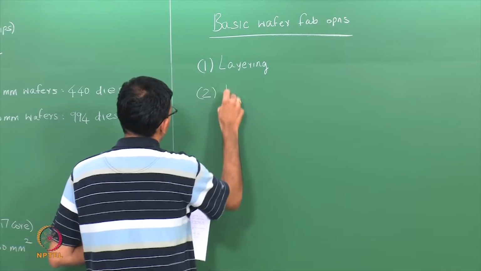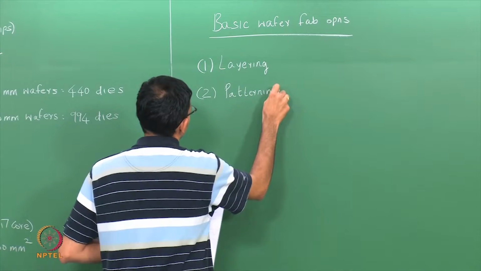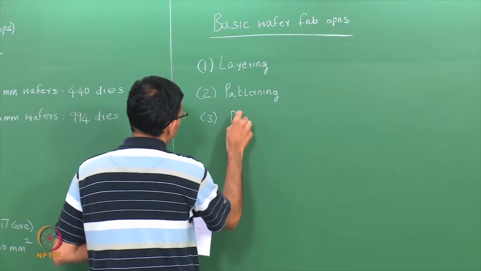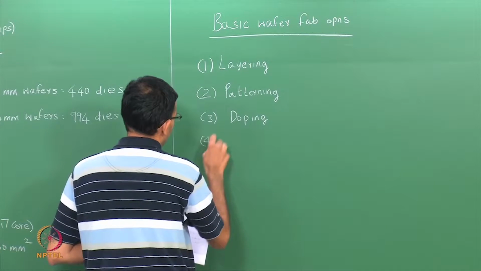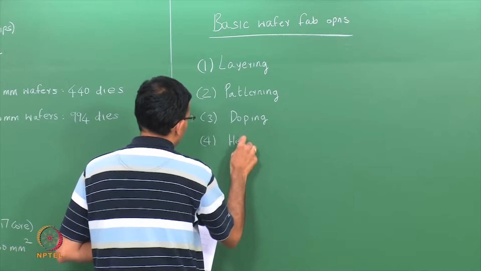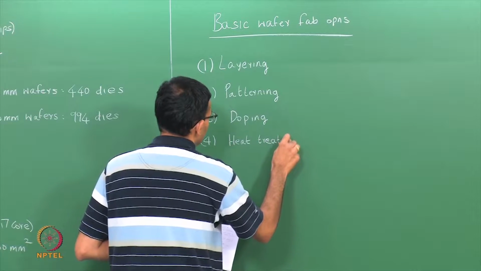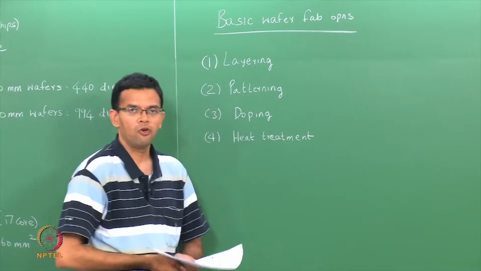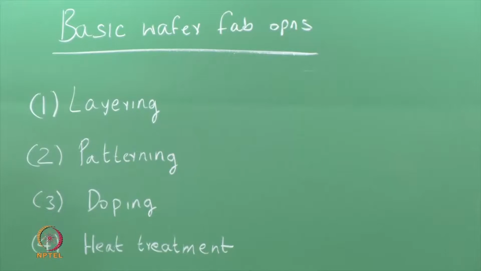Then we have patterning, doping, and heat treatment. So these are 4 broad categories into which you can divide your fab operations.